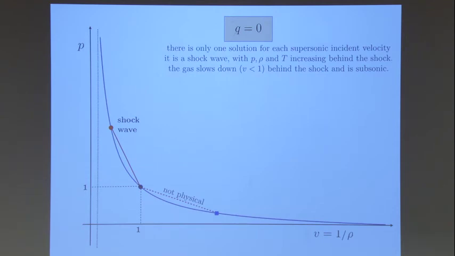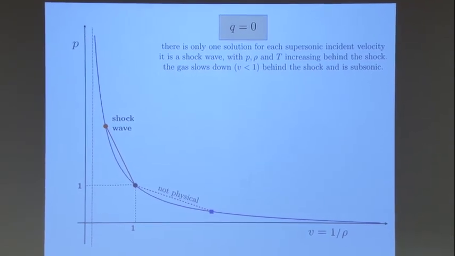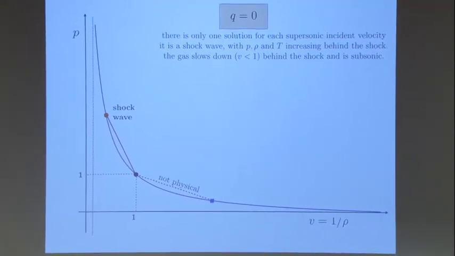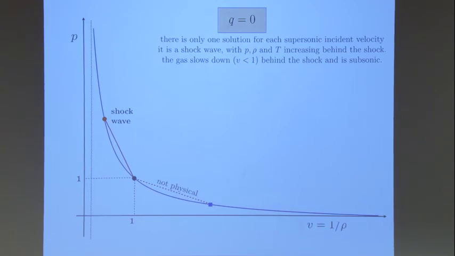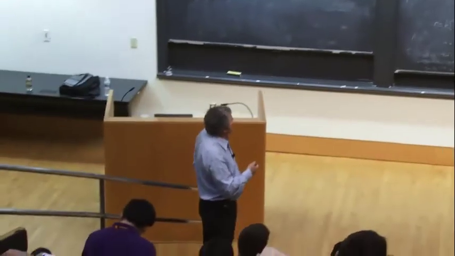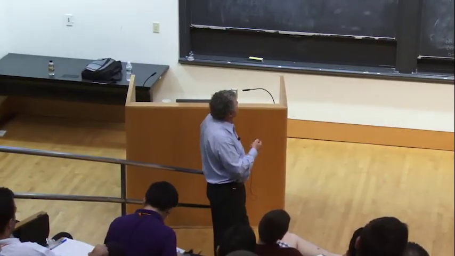Now let's consider first the case Q equal to 0. Q equal to 0 means no heat release, right? So you have a wave, you have a gas that is propagating to the left, or in this frame, relative to the wave, it's stationary. And there is a change in pressure and density and so on across. So what could that correspond to?